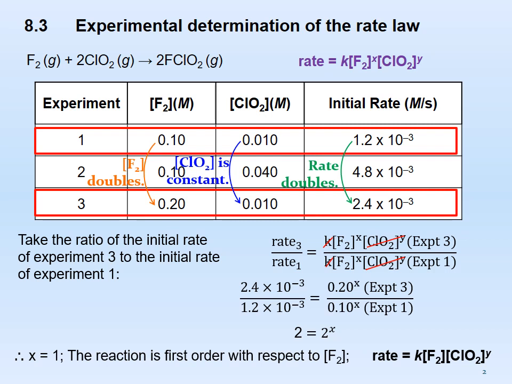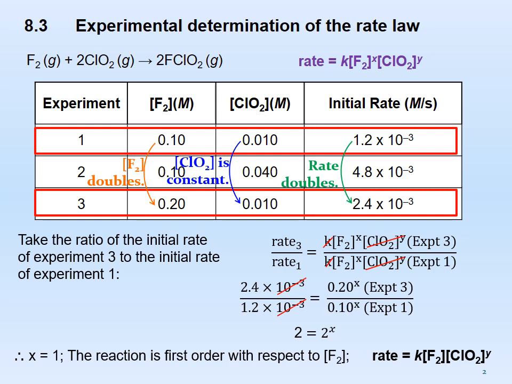Simplifying further, we cancel off 10 to the power of negative 3 from the numerator and denominator on the left-hand side of the equation. 2.4 divided by 1.2 is 2. On the right-hand side of the equation, since the numerator and denominator have the same power of x, we can enclose 0.20 divided by 0.10 within brackets and raise this to the power of x.